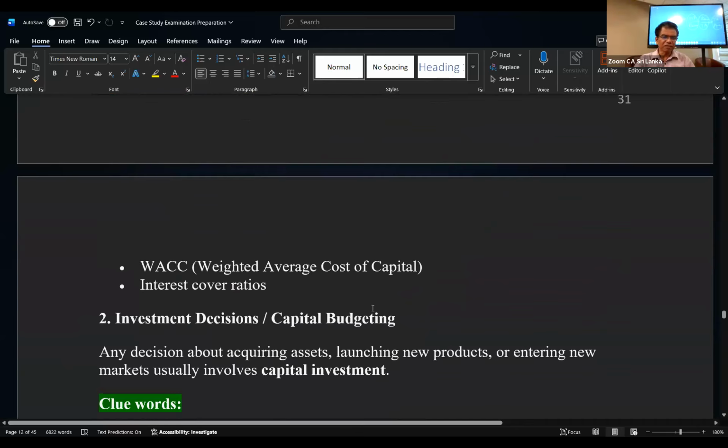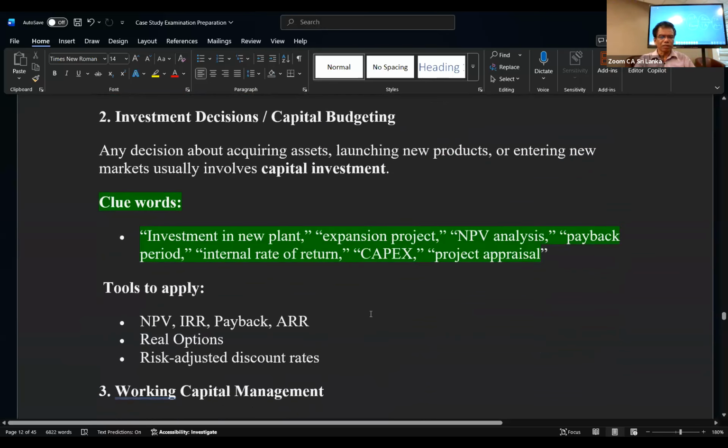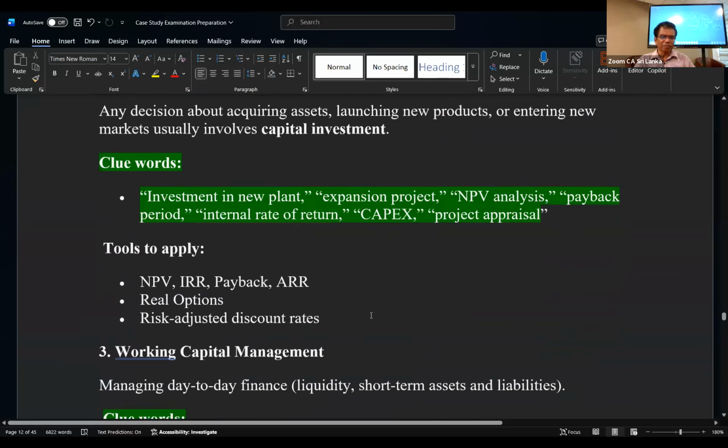So I already discussed the WACC and investment decisions, capital budgeting. You can see NPV, IRR, payback. So you must understand these concepts properly. Then the IRR, what is the IRR? Payback period, what is ARR? Real options, what are those options available?